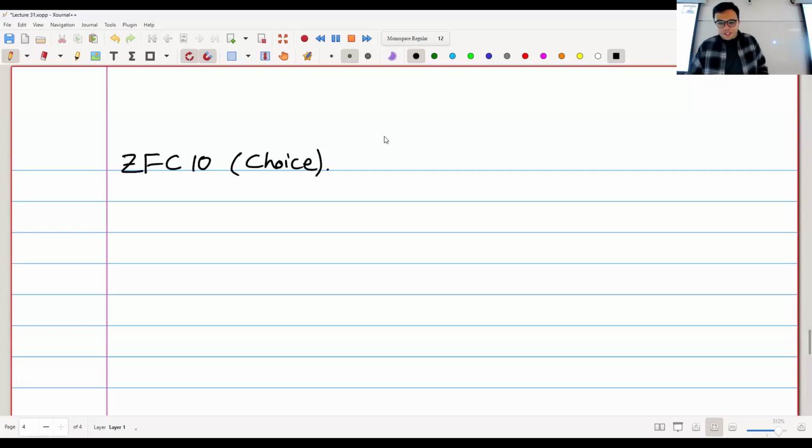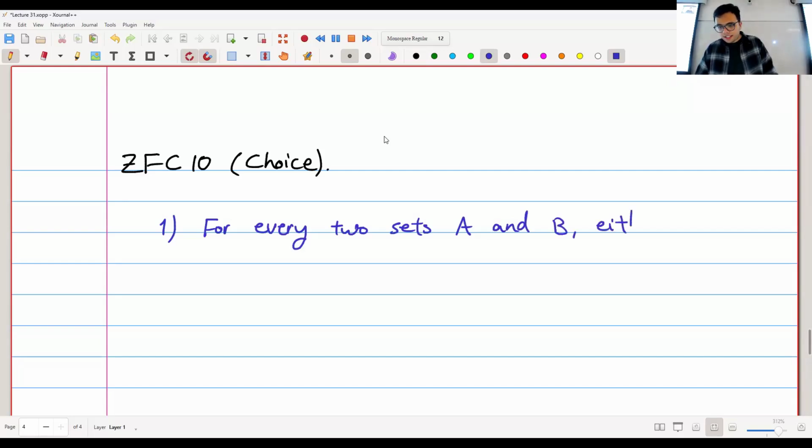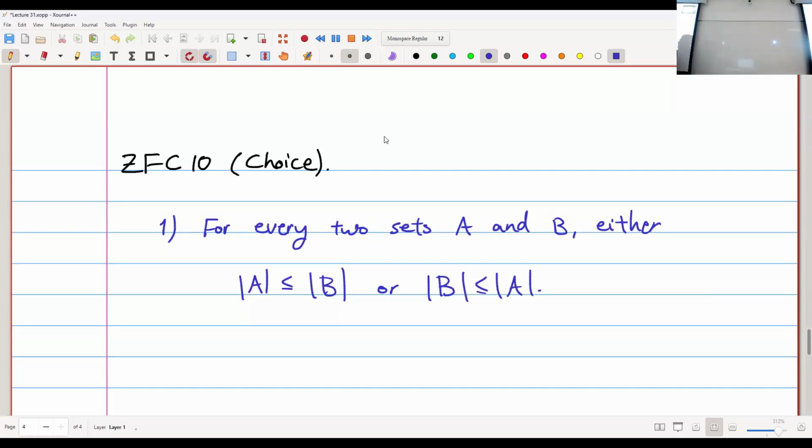Well, actually, that's the first way I'm going to write the axiom of choice. So the first formulation that I'm going to give you, which is not exactly a standard formulation, but it's equivalent anyway, is that for every two sets A and B, either A is smaller than B or B is smaller than A. Or another way of saying this is that either I have a one-to-one function from A to B, or I have a one-to-one function from B to A. Great.